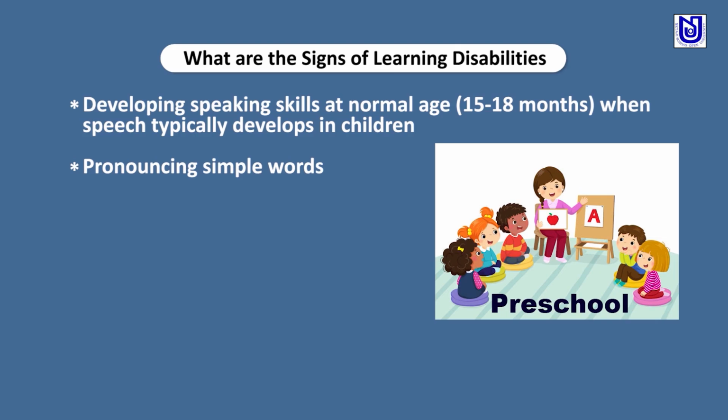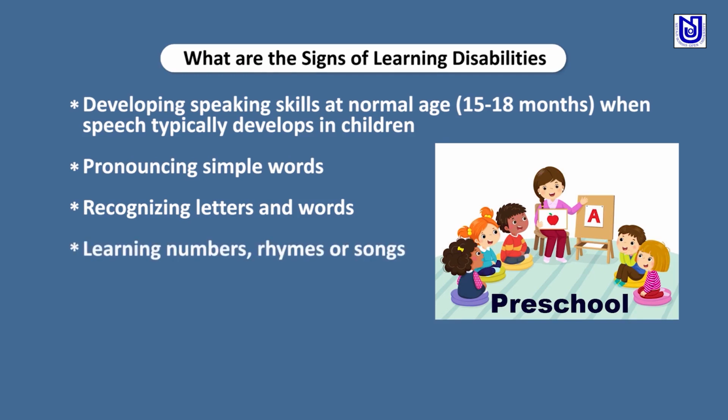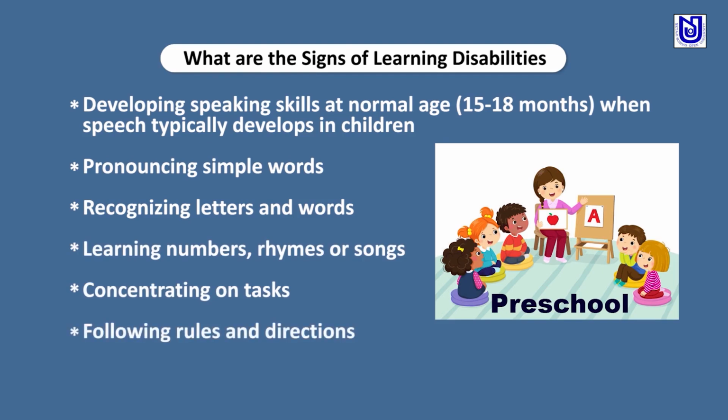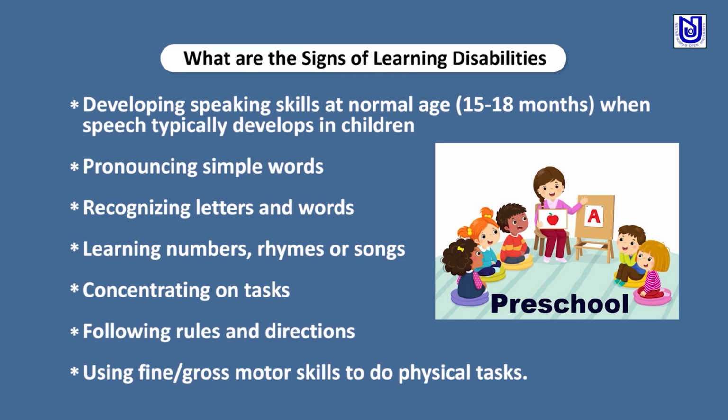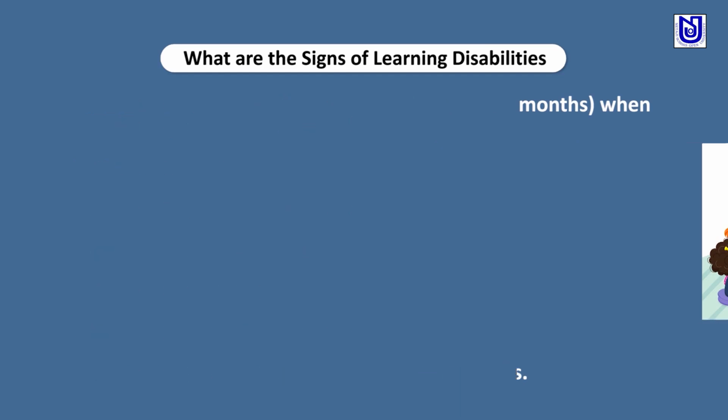Also recognizing letters and words, learning numbers, rhymes and songs, concentrating on tasks, following rules and directions, and using fine or gross motor skills to do physical tasks. It is really amazing that sometimes children with dyslexia may have gross or fine motor skill deficits in doing their physical tasks.